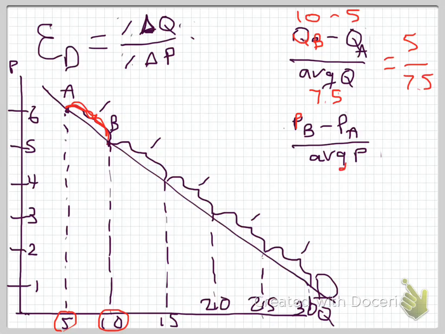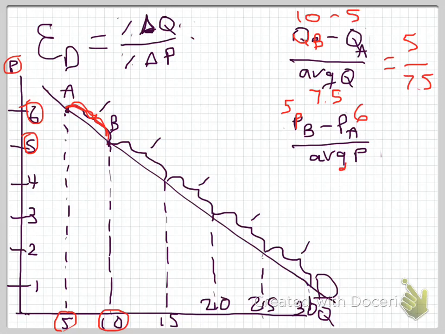Here we go. Now, we're going to do the same thing with the prices. So the price, we're going to be on this axis. So price B is going to be 5 minus price A, which is 6. And then the average, or the midpoint, you can either take 5 plus 6 equals 11 and divide by 2.